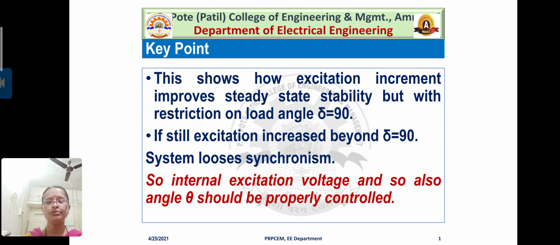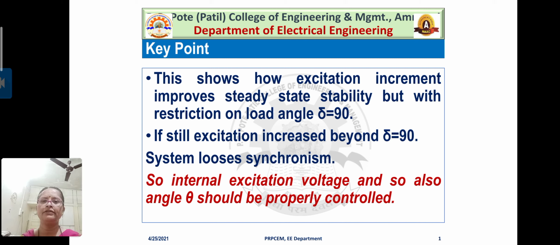Yes, of course, it is true that to improve the power transfer capability or steady state stability limit Pmax, we have to increase excitation voltage E. But just now we have seen, by observing all those power angle curves carefully, that if we increase excitation voltage, you have to put a certain limit there. Otherwise, going on increasing excitation voltage, you may find the case, as we have seen in case D, that delta crosses 90 degrees.